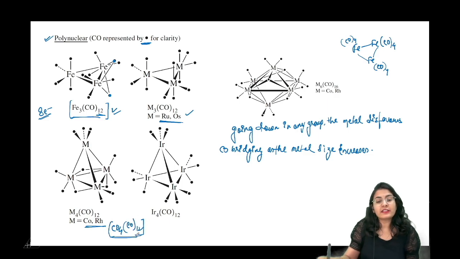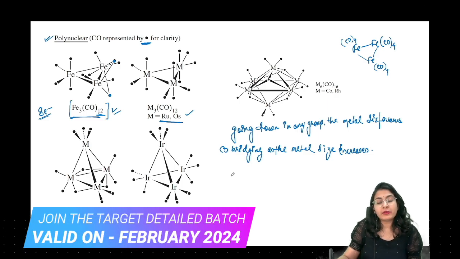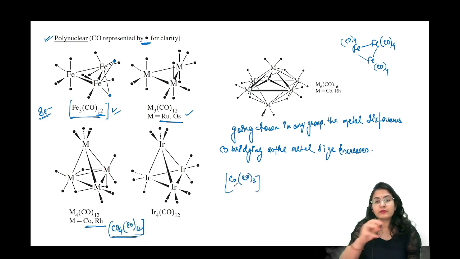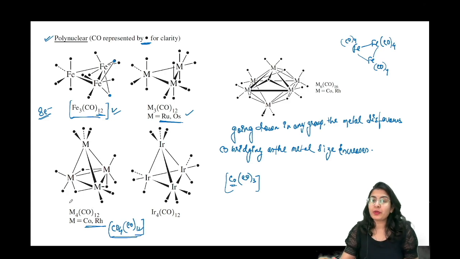Yes, we have seen this in the isolobal analogy also. It can be broken down into 4 Co(CO)3 pieces, all of them connected together in the form of a tetrahedron system. But again, since cobalt is smaller, all the 3d metals are going to favor the carbonyl being bridged. You have to remember this at this stage, that there was a question in CSIR NET once which asked how many bridging and how many non-bridging carbonyls are present.